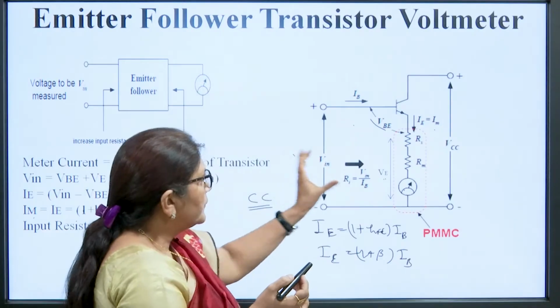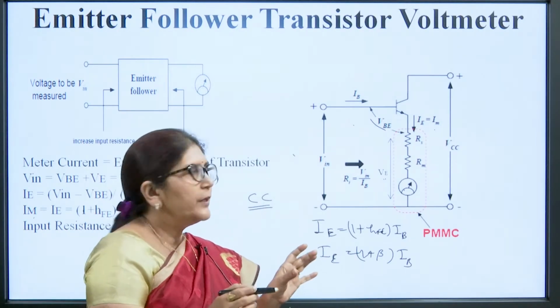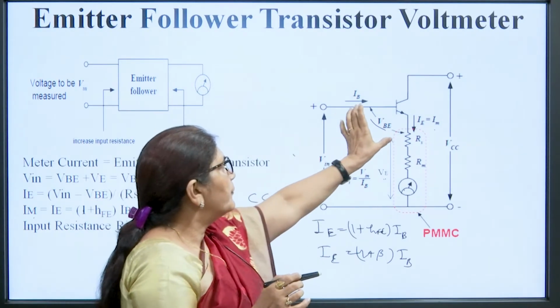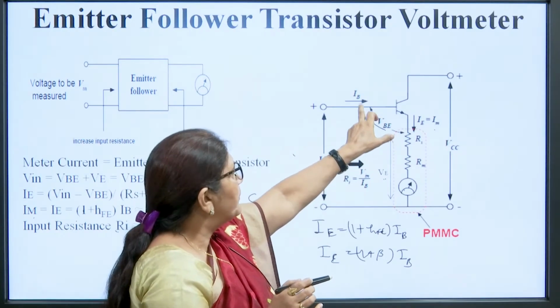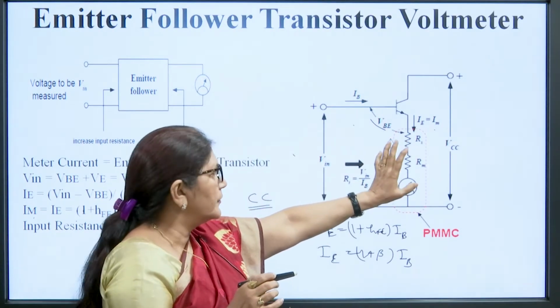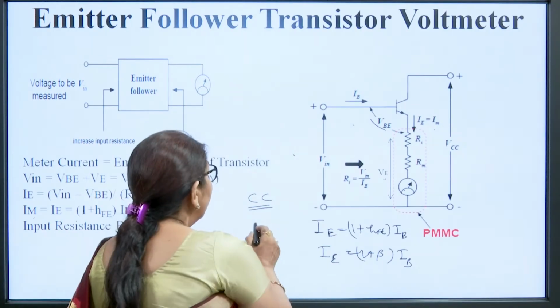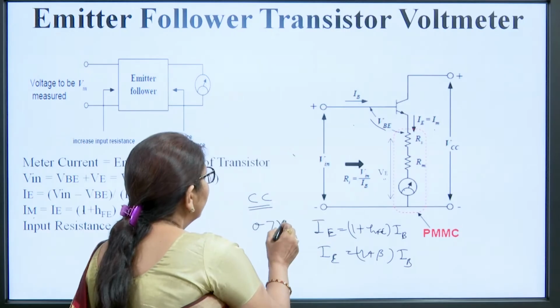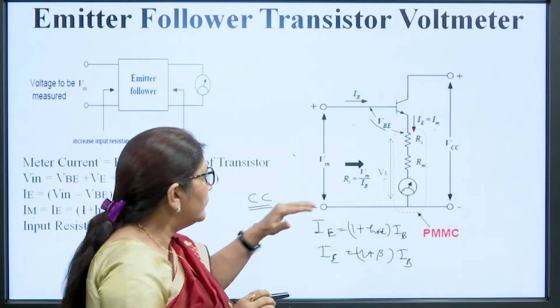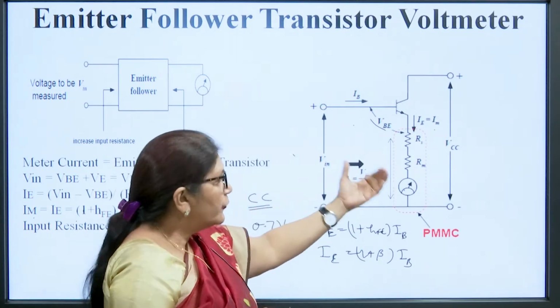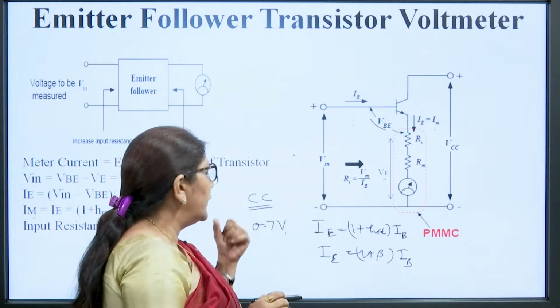The drawback of this emitter follower meter is that there is a drop of 0.7 volt between the base and emitter of this transistor, if we are using a silicon transistor. So, we are unable to measure voltage less than 0.7 volt.